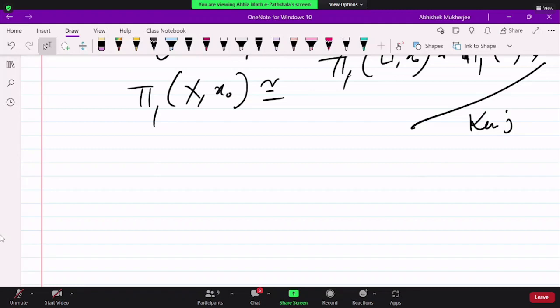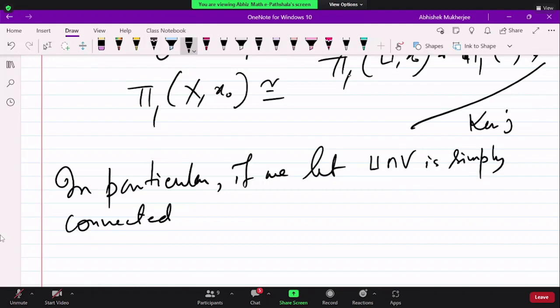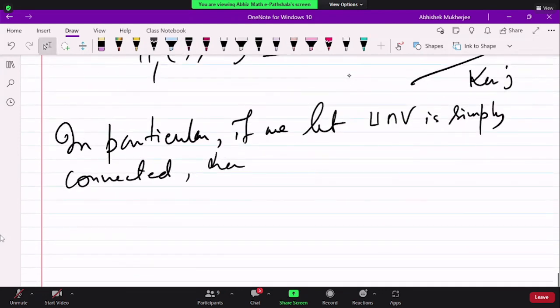So in particular, if we let U intersection V be simply connected, instead of taking only path connectedness, we are considering that this is a simply connected domain, then the Van Kampen theorem says that it will give you an isomorphism.